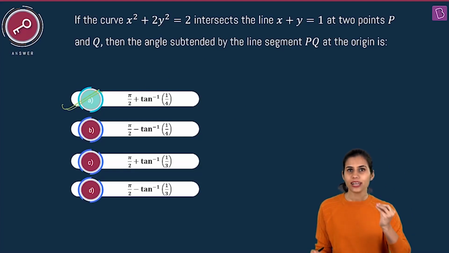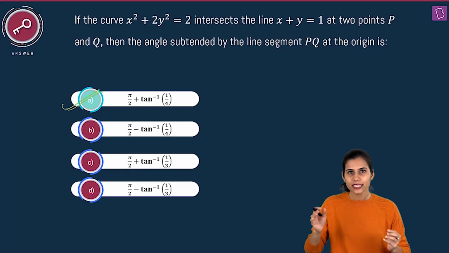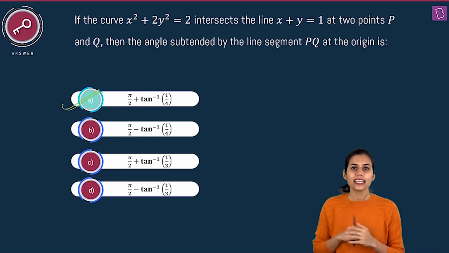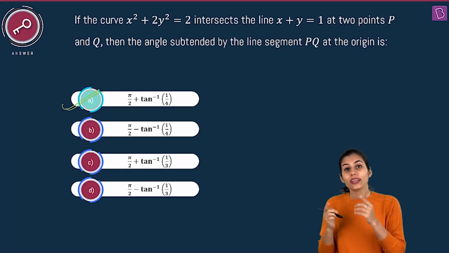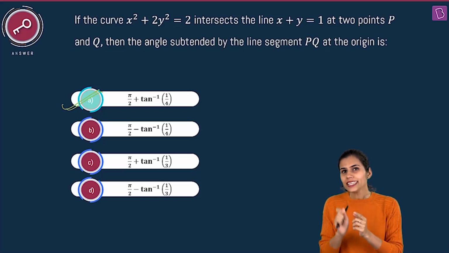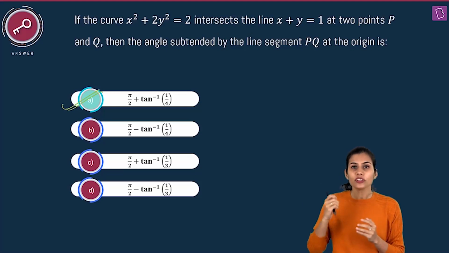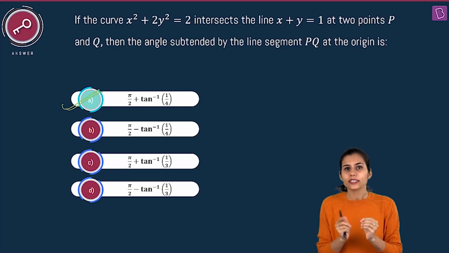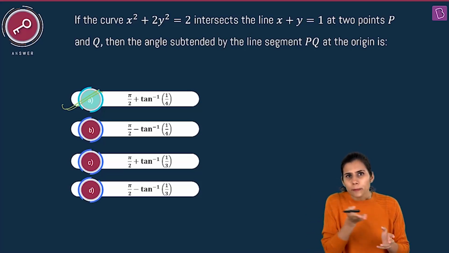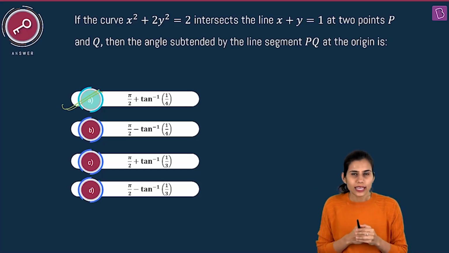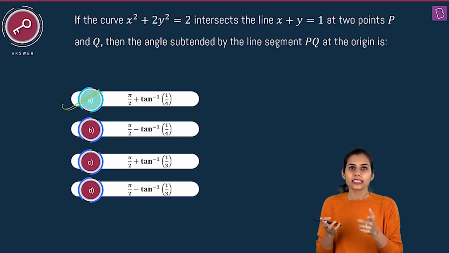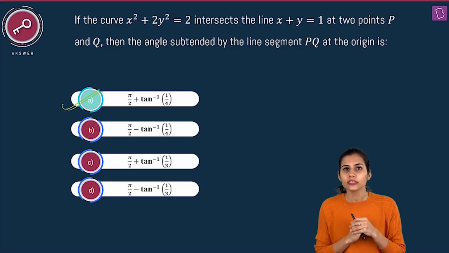So the only point you had to realize was that there was an ellipse and there was a line which was intersecting the ellipse at two distinct points. When I formed the angle subtended by that PQ line segment, it came out to be obtuse. I wanted to find it. So I realized that when I actually back extended the two lines, I got a pair of lines which are intersecting at origin.